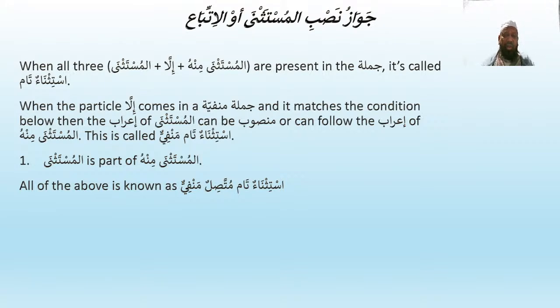Then the i'rab of a mustasna can be mansub or can follow the i'rab of al-mustasna minhu. If it's mansub, it is called the mustasna. I will do the i'rab of mustasna, which is nasab. Or it follows the i'rab of mustasna minhu, so whatever the i'rab of mustasna minhu is, it will carry the same i'rab.